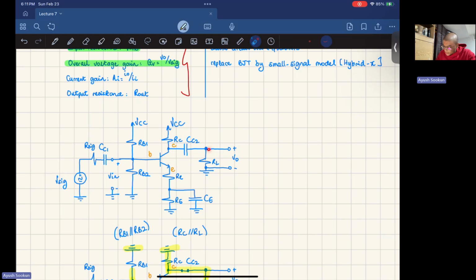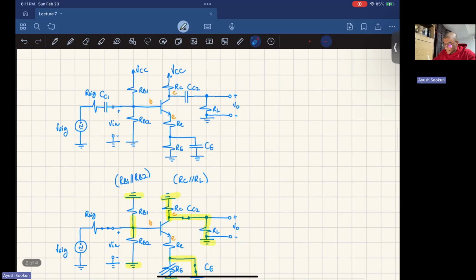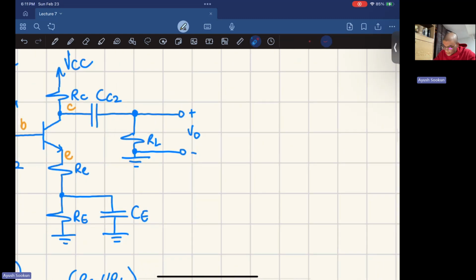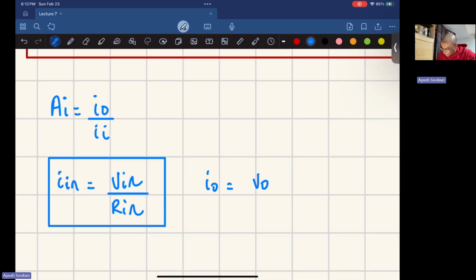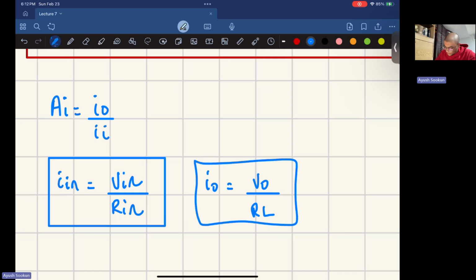Because the voltage has been taken across RL, the current flowing through RL has to be I out, because you're choosing to measure it from RL, and that's given by the circuit. So this is I out, and I out would be V out over RL. I'm going to write it down here. So I out is V out over RL, and this is my second expression.